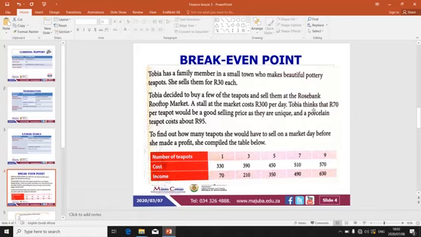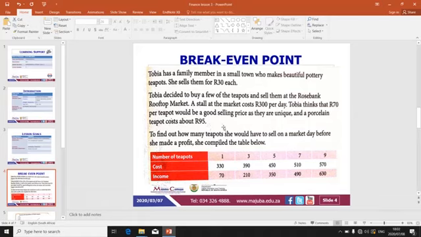Tobia thinks that 70 rand per teapot will be a good selling price, and they are unique. A porcelain teapot costs about 95. Underline all these monies because they will confuse you.